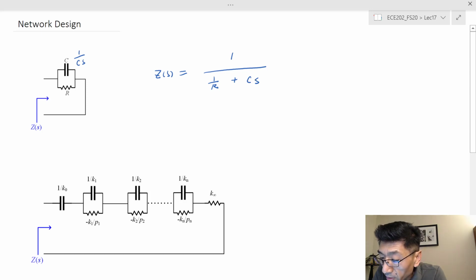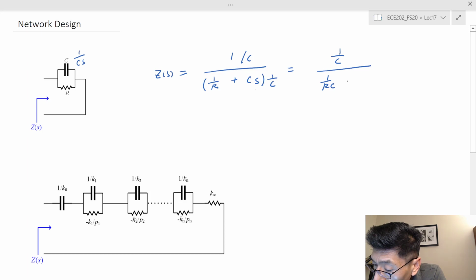So this is the equation. If I divide by C in both numerator and denominator, we get 1 over C divided by S plus 1 over RC.